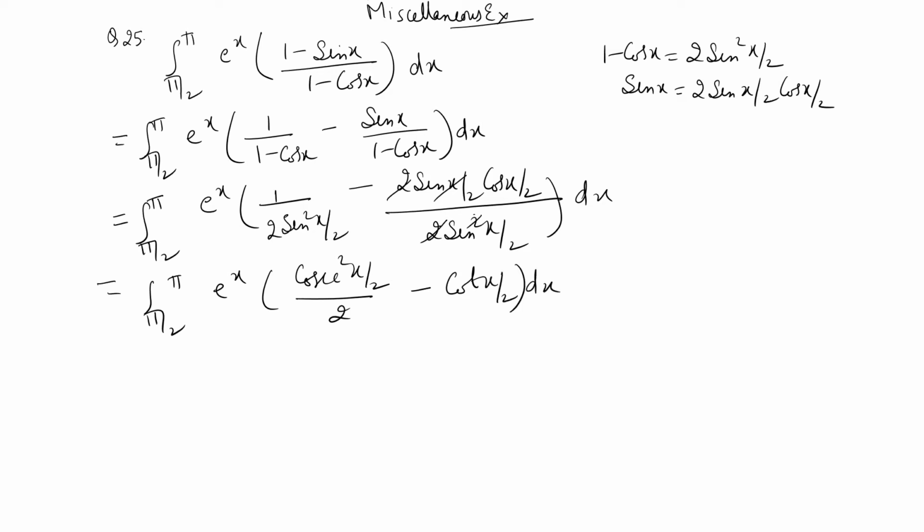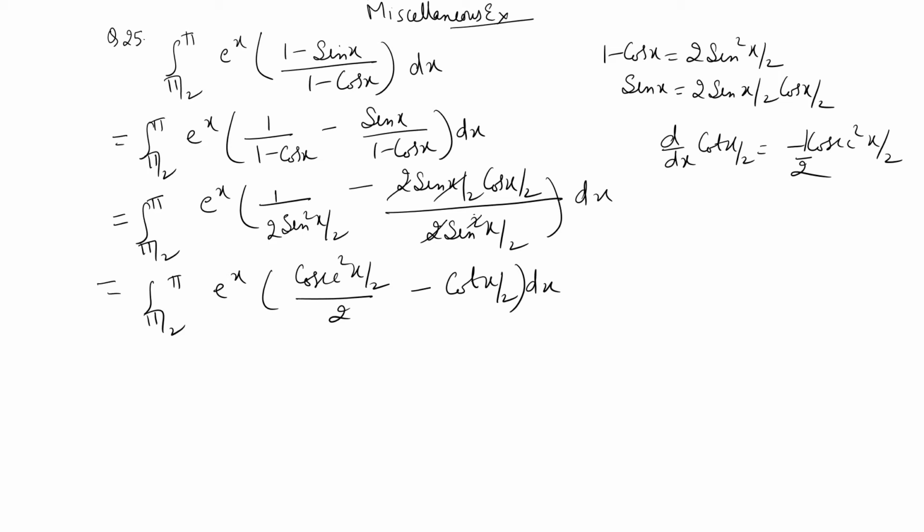Now search here who is the function and who is the derivative. I know that the derivative of cot x by 2 will be minus cosecant square x by 2, and the derivative of x by 2 is 1 by 2. So I'm getting the plus here. That means my function itself is minus cot x by 2.